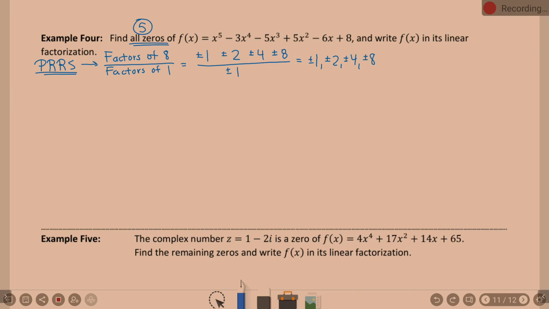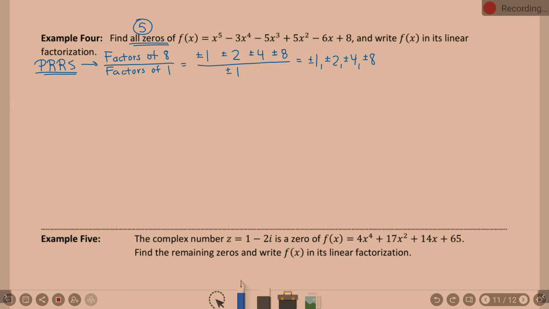Now, we have 2 options. We can go through and try all 8 of these till we see what works, or we can peek at the graph. I shouldn't call it cheating, but we're going to use the graph.